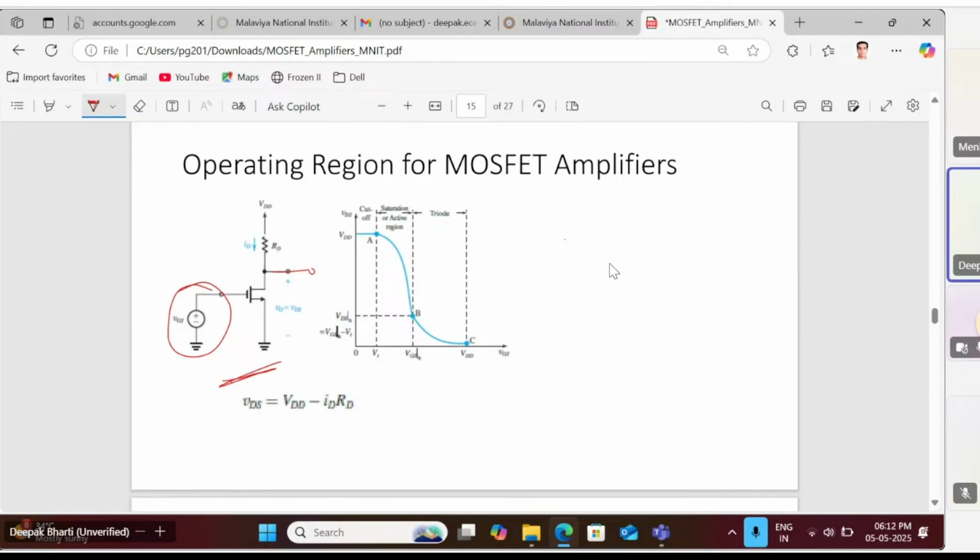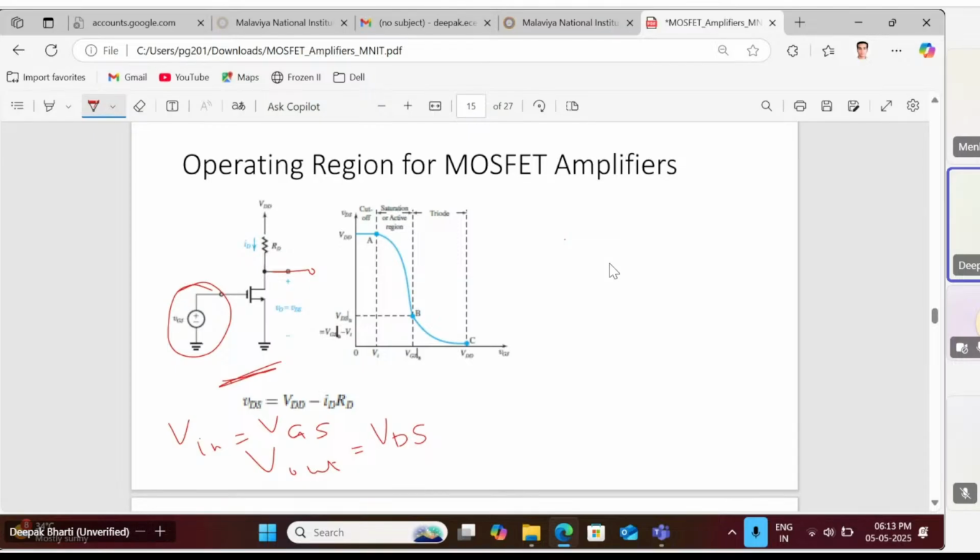So here, what is the input? Vin is equal to VGS, right? And what is V out? V out is equal to VDS. The input voltage is VGS and the output voltage is VDS. Now, what is the equation of this output voltage?